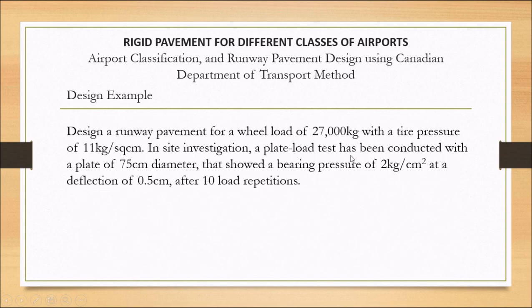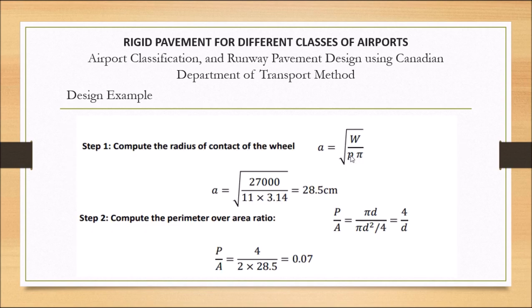P is the tire pressure, given as 11 kg. So we substitute it for P, and pi is a constant, which is 3.14. Once we find the square root of this, we have 28.5 centimeter.